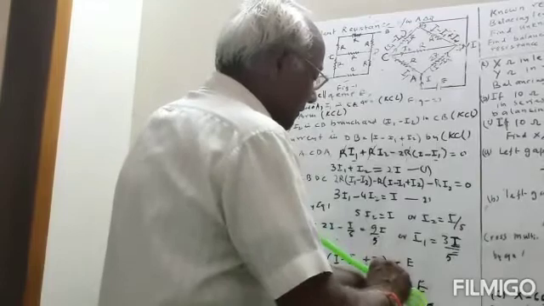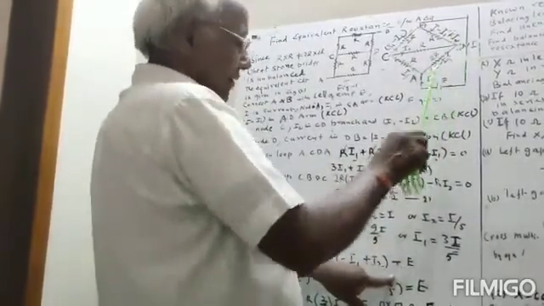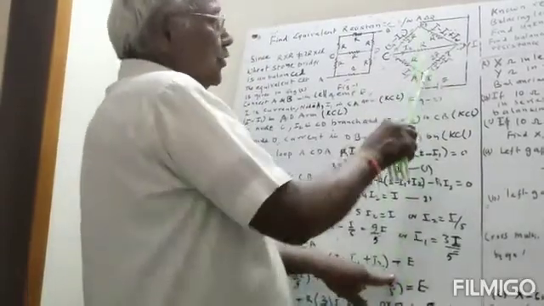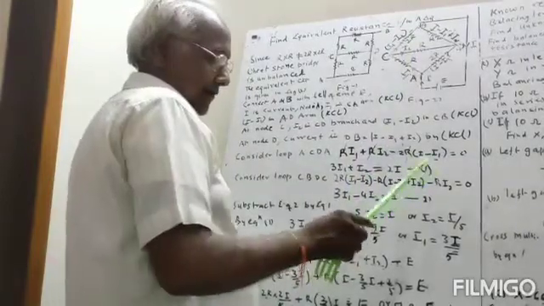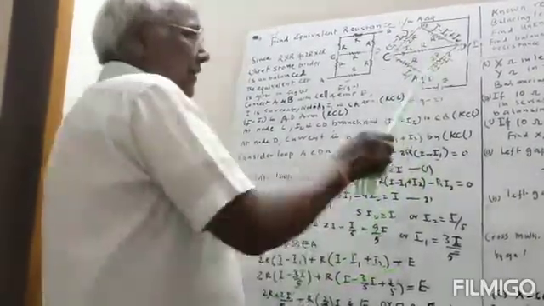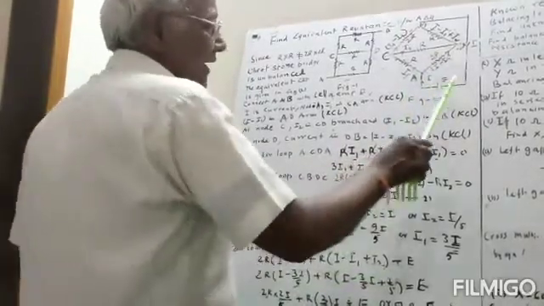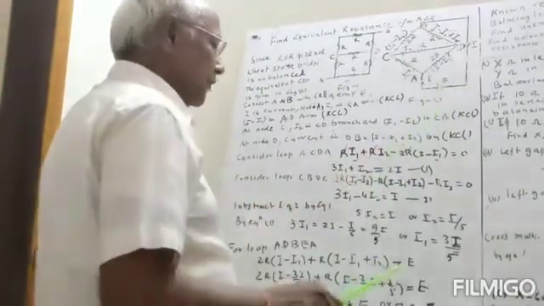This will be equal to EMF. In the previous two loops there was no source, so the EMF was 0, and we put 0 on the right-hand side. But here there is a source E, and it is entered from negative to positive, so E is positive.